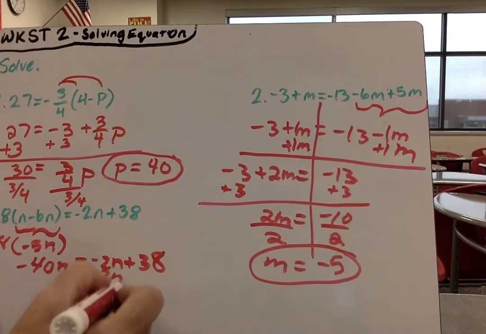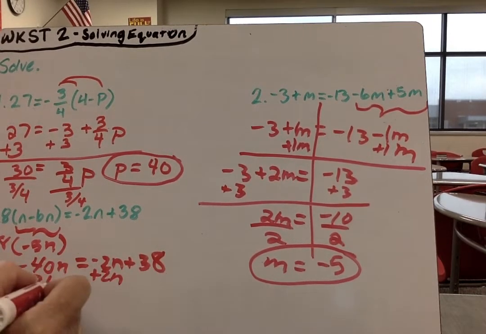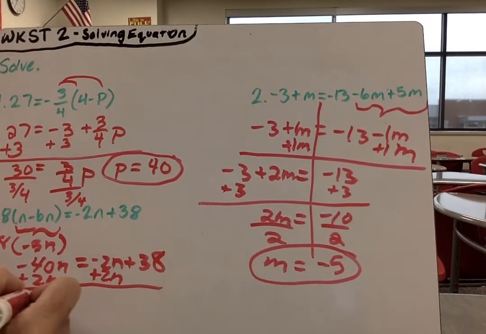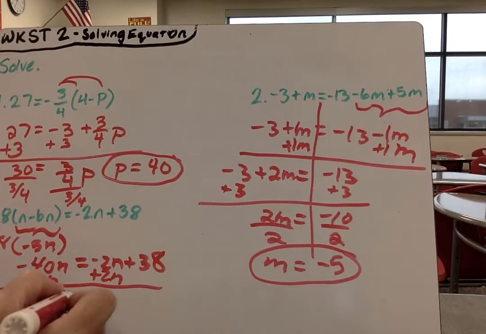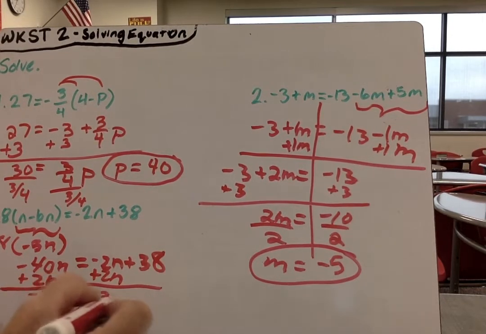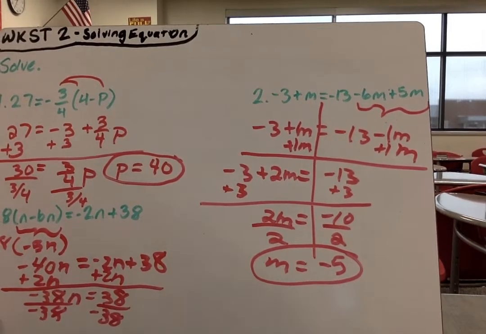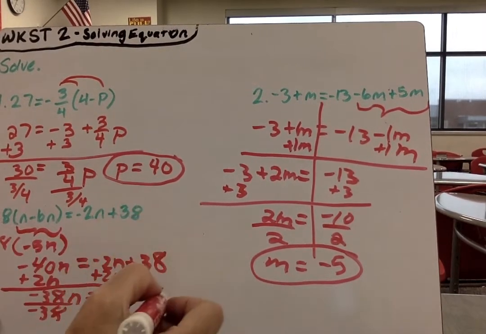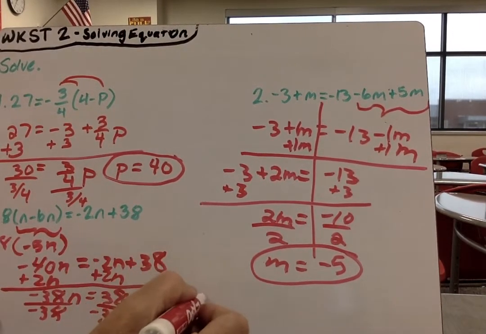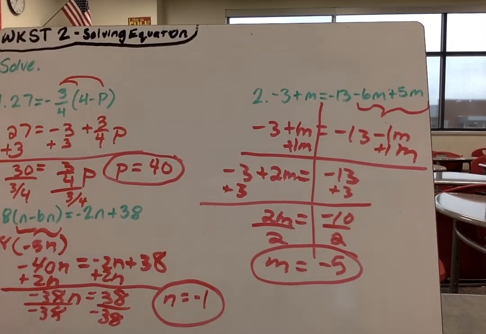Add 2n. -38n equals 38. And if I divide by -38, we know that n equals -1. And we're done.